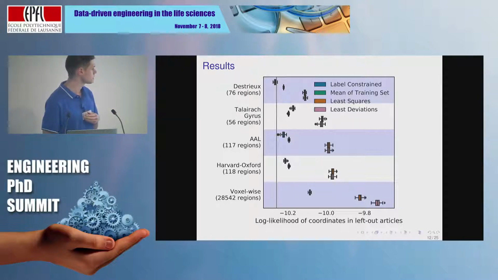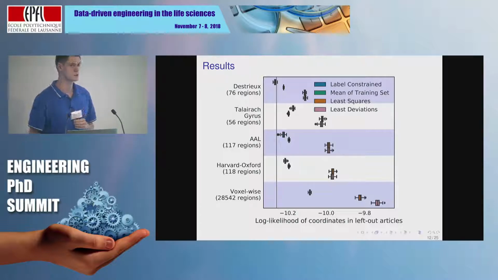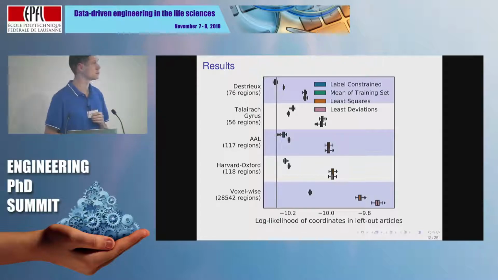So what we see here is that it's better to use a voxel-wise model and predict an activity for each voxel in the brain. And then we have some very naive baselines. One that uses the labels of the regions in anatomical atlases that have been segmented manually, and we see that it performs very poorly because when they write, people don't necessarily use the exact labels from any given atlas.